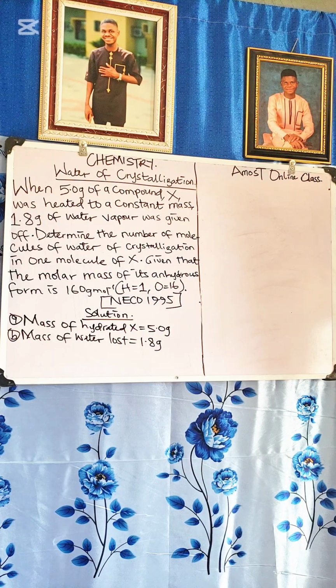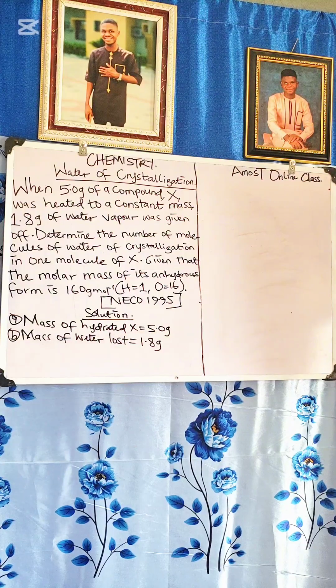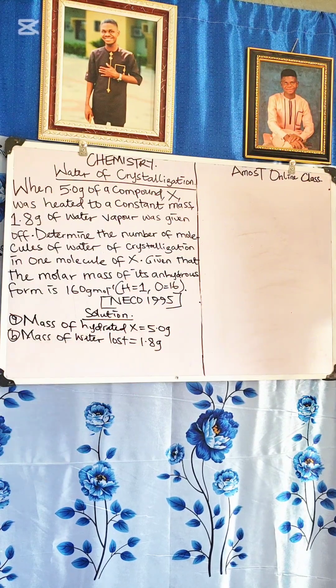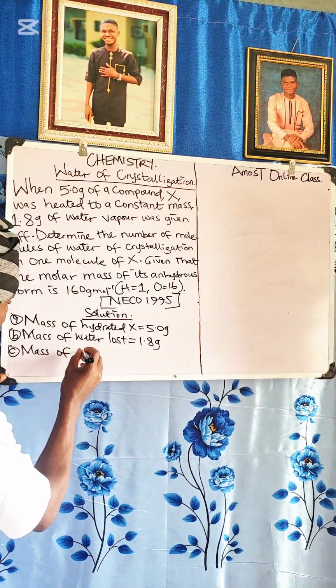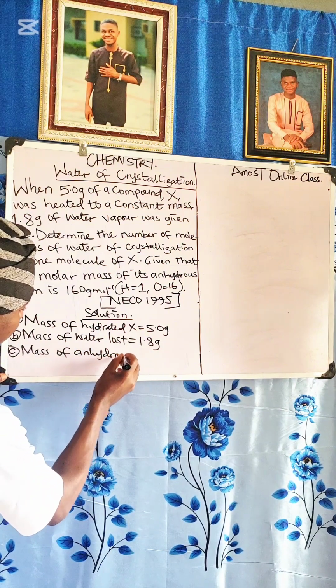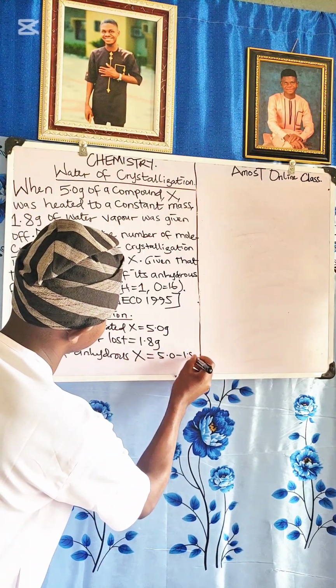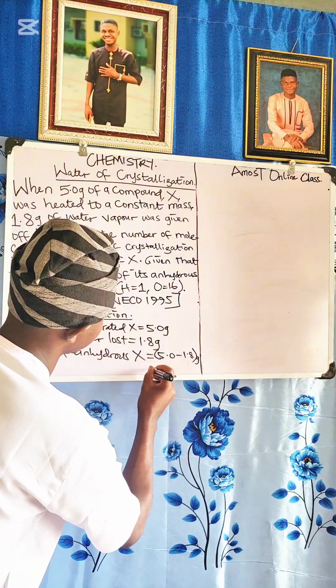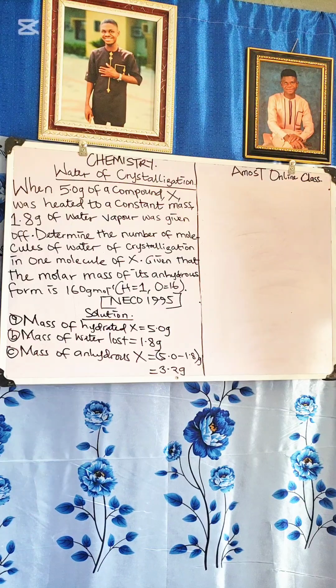The next thing we're going to do is to find the mass of anhydrous X. We can find it by subtracting the mass of water expelled, 1.8 grams, from the mass of hydrated X, 5.0 grams. So 5.0 grams minus 1.8 grams is equal to 3.2 grams.